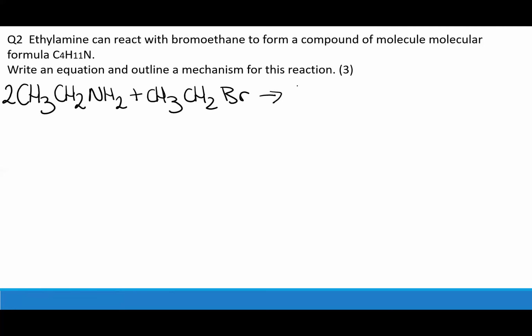Then we're going to form the molecule of (CH3CH2)2NH. That's our C4H11N. And then obviously our salt at the end. So we've got CH3CH2NH3Br. So our mechanism, let's draw this out then.